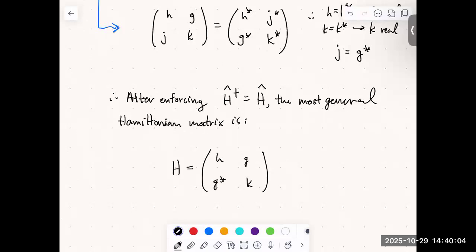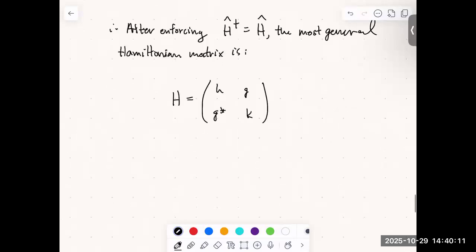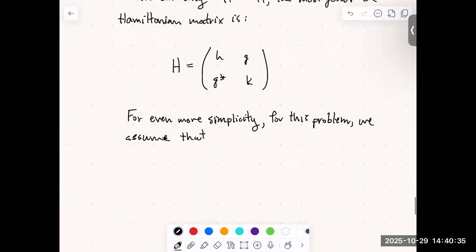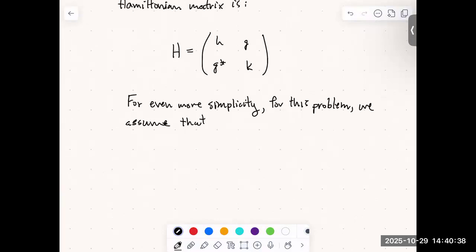What Griffiths does in this example problem is he chooses an even more simple Hamiltonian. So for even more simplicity, for this problem, we assume that G is real.